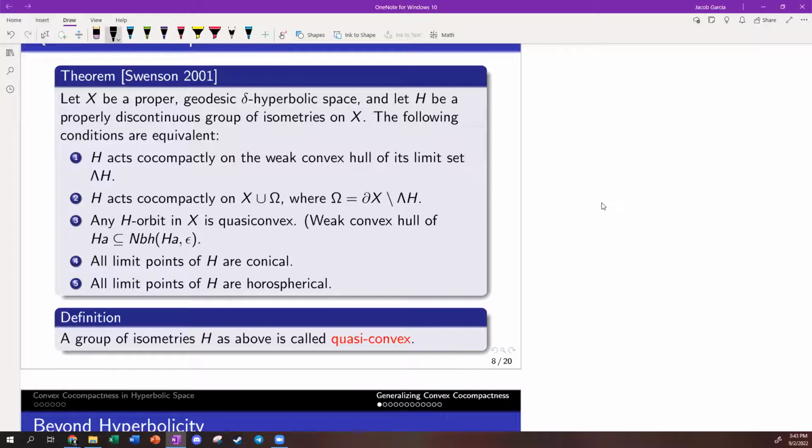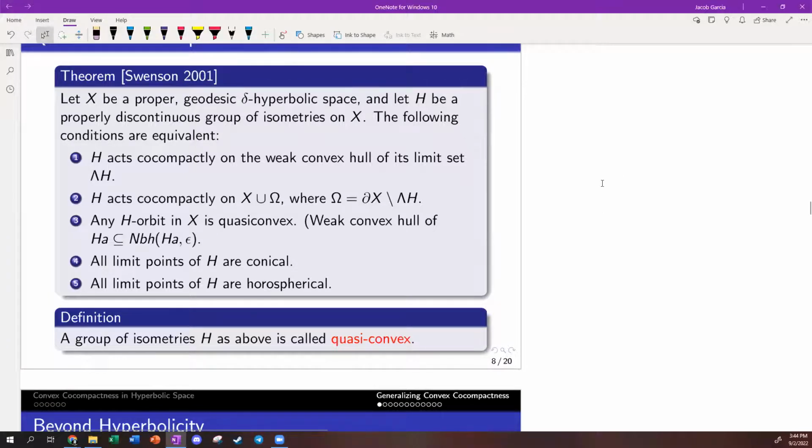I have a conical condition, and I have a horospherical condition. I'm not going to define what it means to be horospherical, but if you've seen horospheres before, it's exactly what you think it is. And then Swenson defined groups as above as quasi-convex groups. So we do get a generalization to all hyperbolic spaces, not just H3.